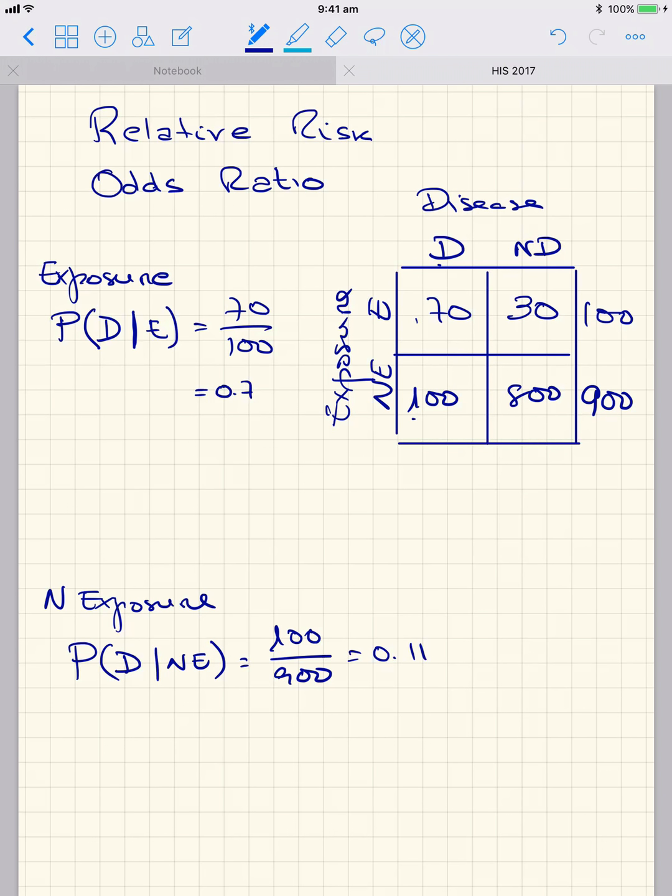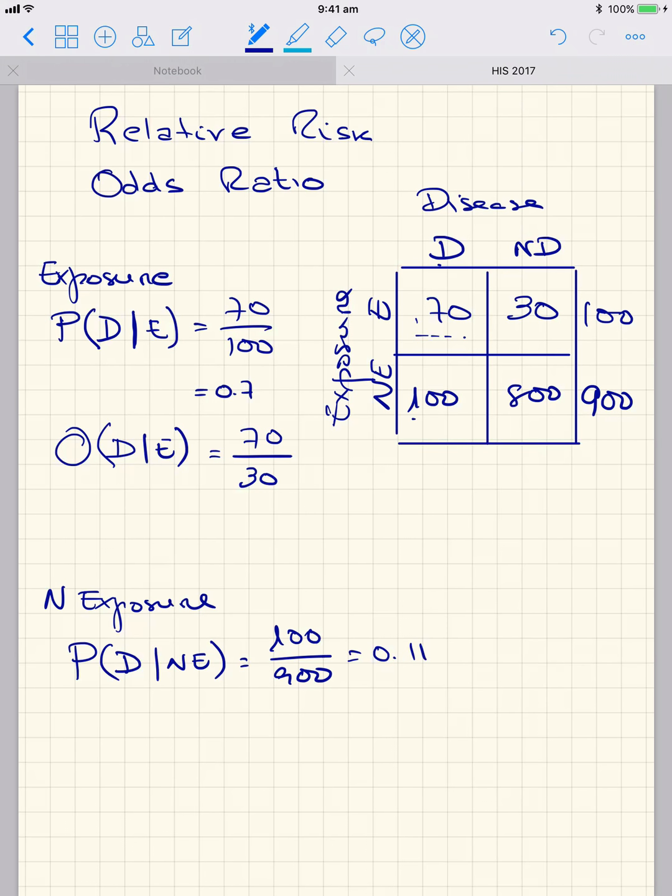Now the odds, as I said, is a different measure from probability. The odds of disease among the exposed individuals is going to be estimated from this data as 70 individuals that developed the disease. But now, instead of dividing by the total number of exposed individuals, I'm going to divide by the individuals that did not develop the disease.